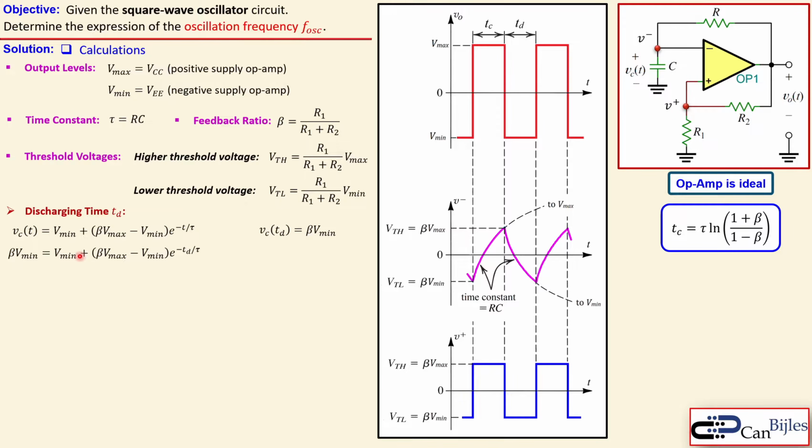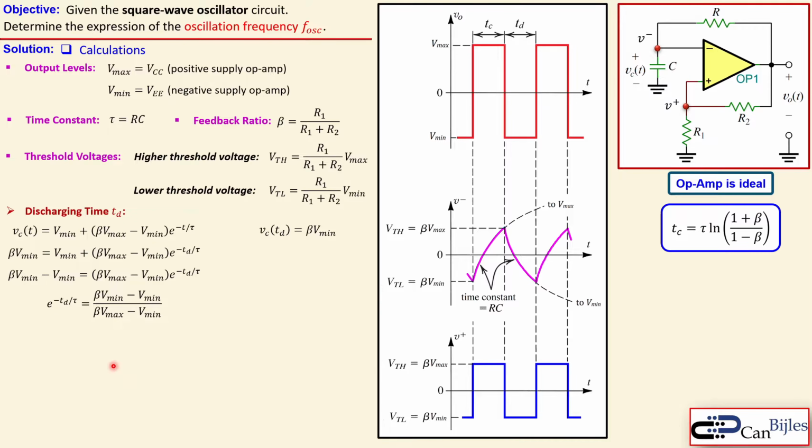This is then written like so, so you see here specifically the TD. And now we can replace this V minimum to the left side, similar to what we have done for the charging time analysis. Now we can do the expression such that we have the e to the power minus td over tau eliminated. So we have actually now this, which is the left side over this fraction. You see here actually now the expression.